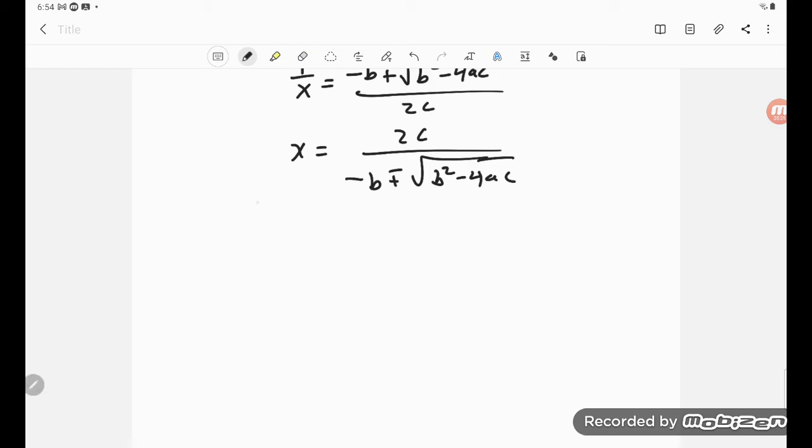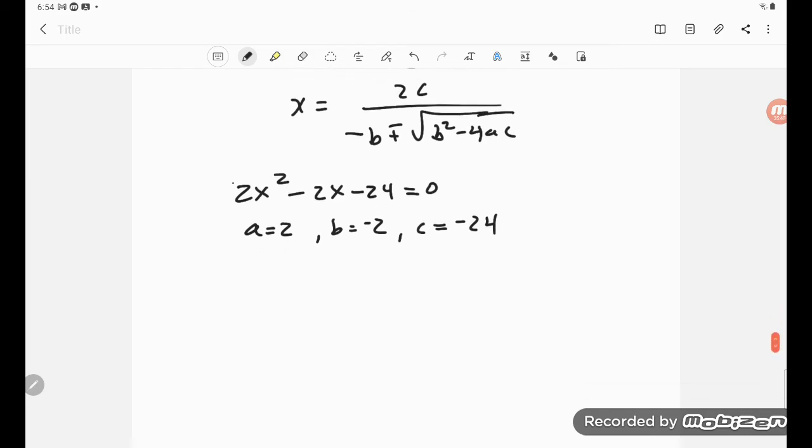Let's see, I have an example here somewhere. Okay. Suppose I have 2x squared minus 2x minus 24 equals 0. So A equals 2, B equals negative 2, and C equals negative 24.